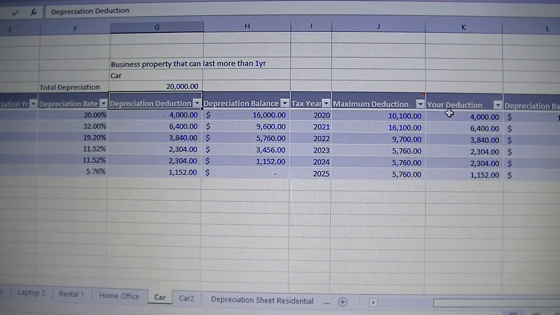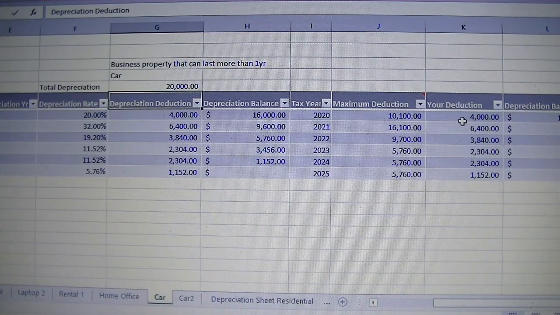So your deduction is going to be the lesser of the depreciation deduction and the maximum depreciation deduction allowance.